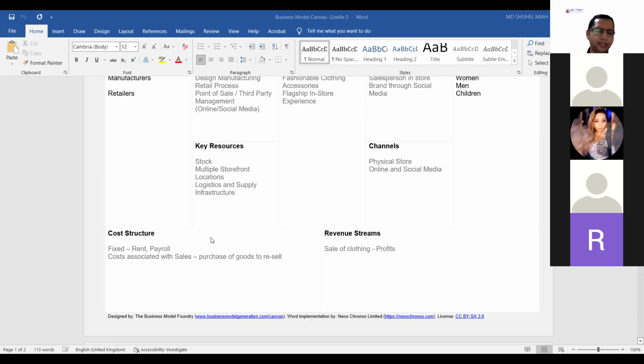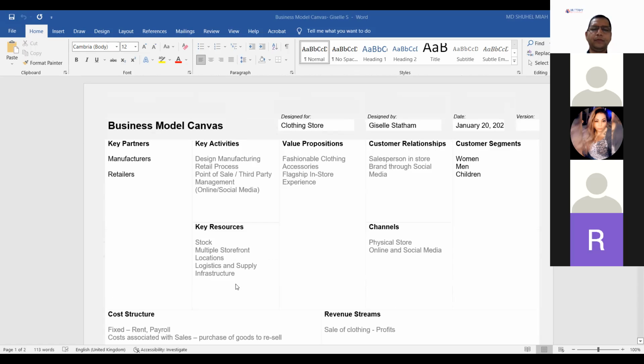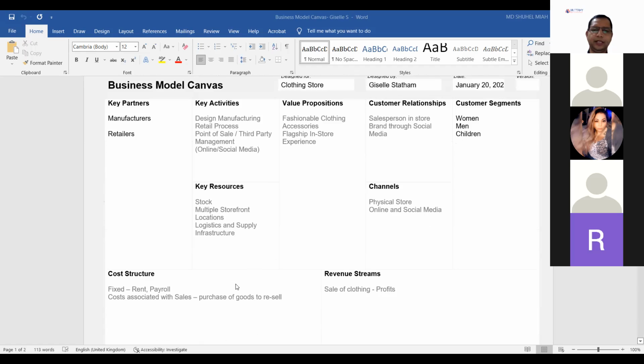Your cost structure is fixed rent and payroll, yes. Costs associated with the sales, purchasing goods for resale, yes. Your value proposition is clothing, accessories, flagship in-store experience. No, the value proposition is not clear here.